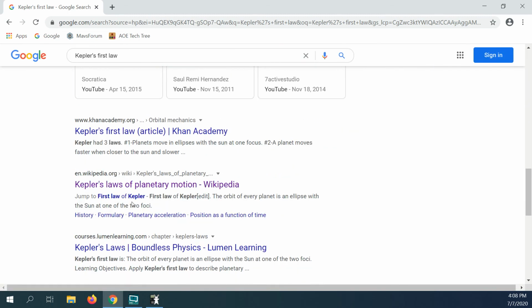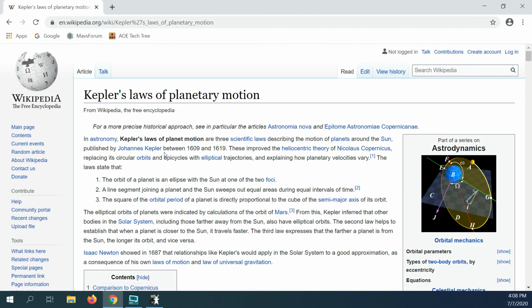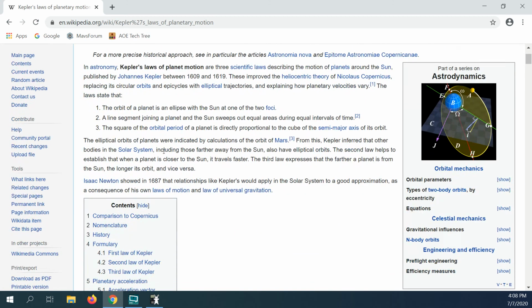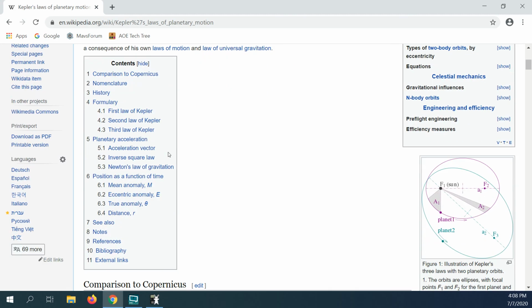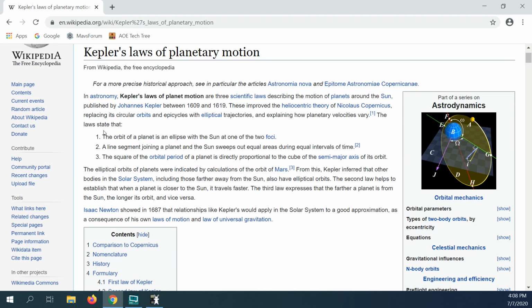I usually just go to Wikipedia. Okay. Right. So it says that the first law: the orbit of a planet is an ellipse, with the sun at one of the two foci. Right. So it's no big deal.